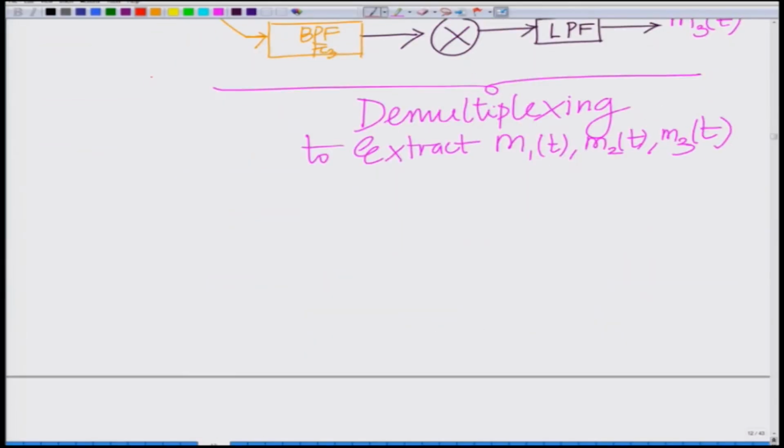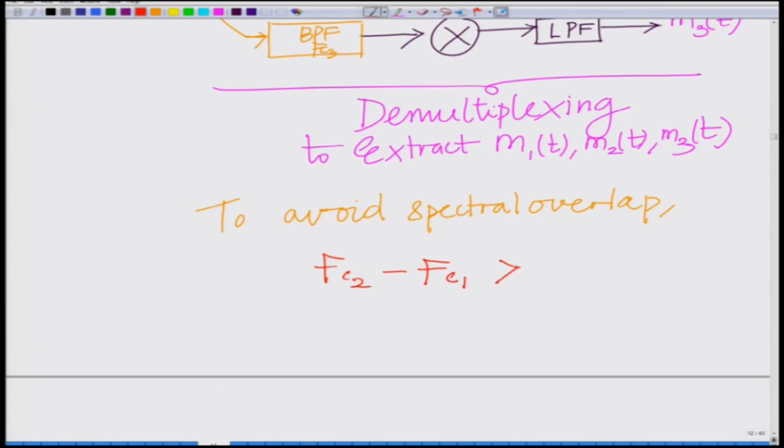So, the condition in FDM to avoid overlap is that we must have FC2 minus FC1 greater than or equal to W1 plus W2.